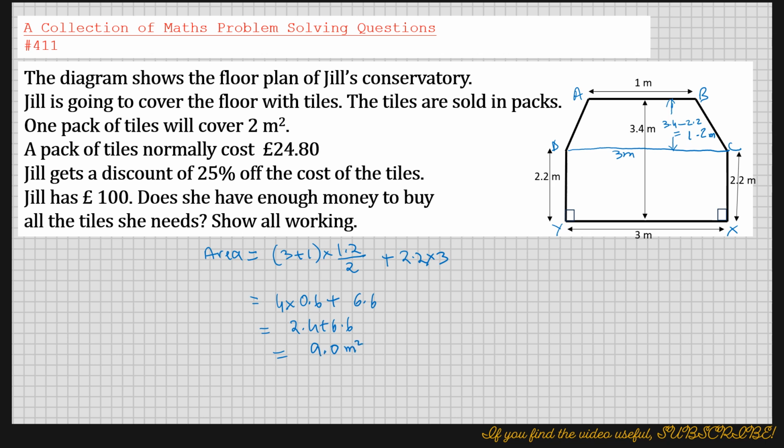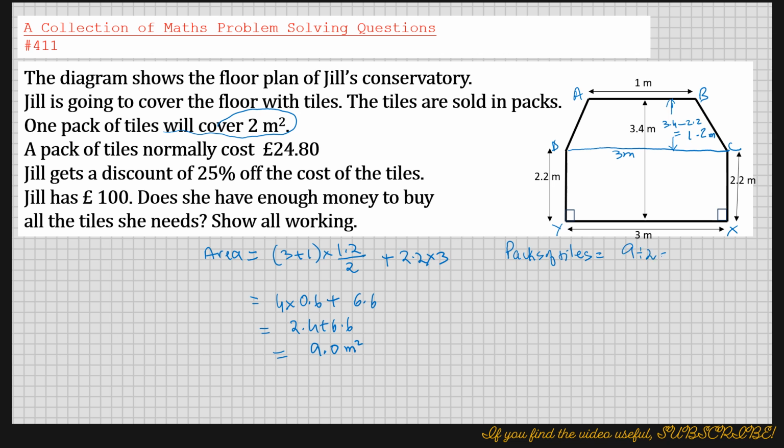So that's the area. Now we come to the second part, which says one pack of tiles will cover 2 meters square. So if one pack covers 2 meters square, then the number of packs of tiles required would be 9 divided by 2.